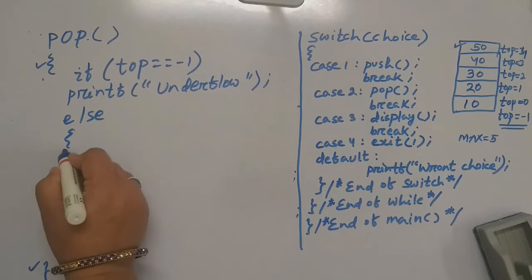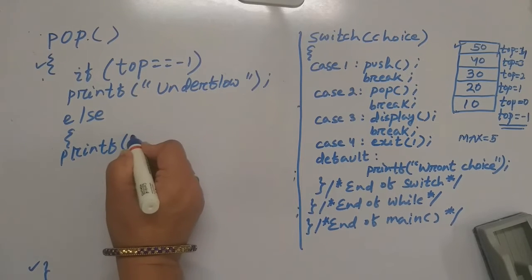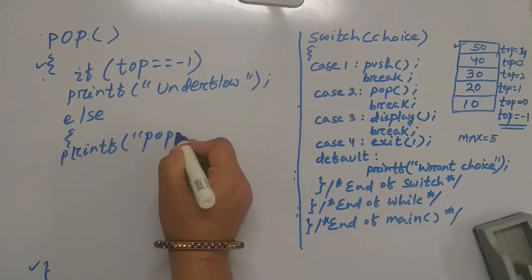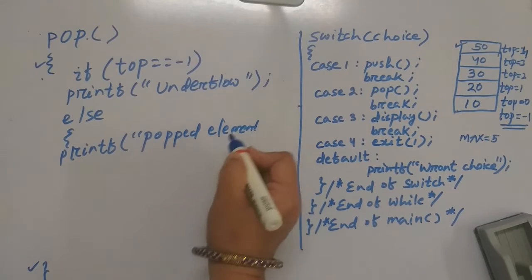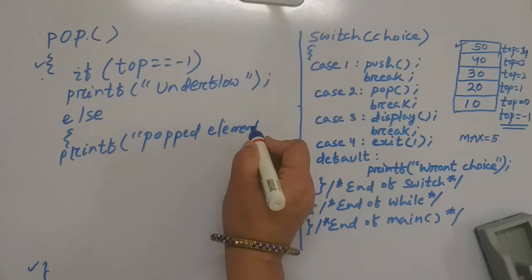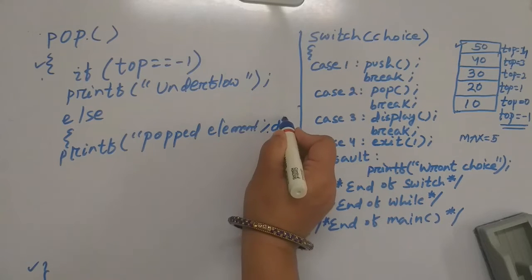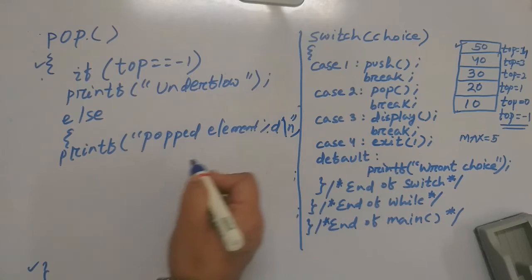else printf popped item, popped element. Here we write down the popped element is %d, then backslash n, comma.